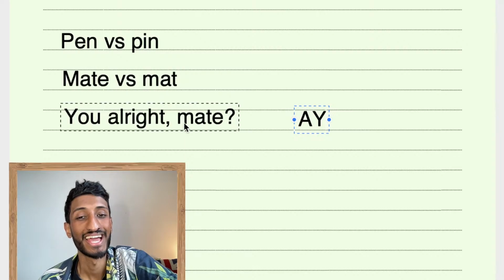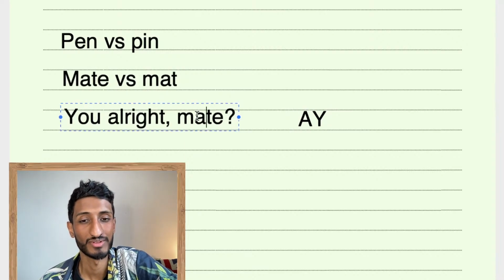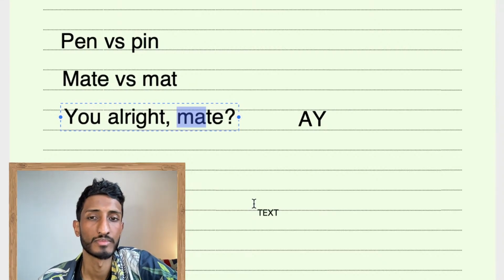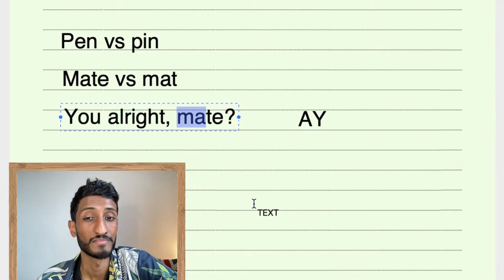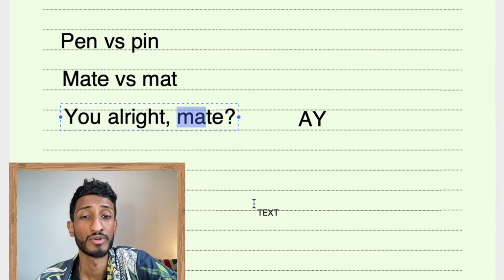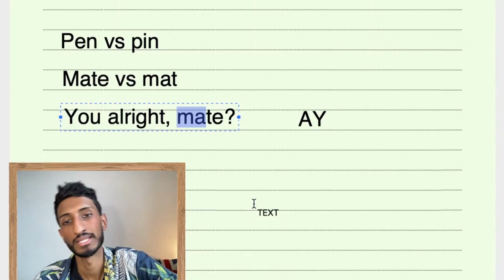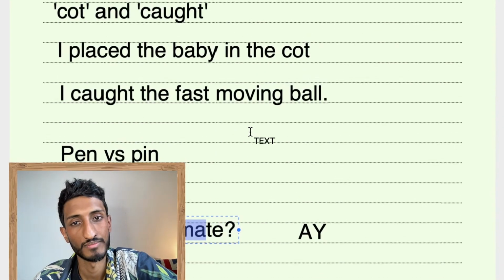Mate. May. So let's just isolate these two letters here. May. You all right, mate? And notice I'm kind of elongating that vowel sound there, mate.